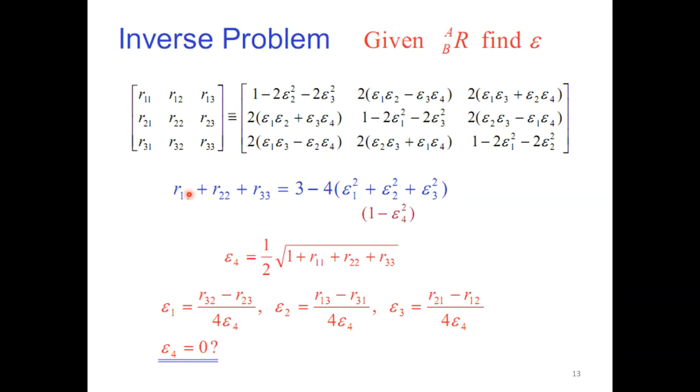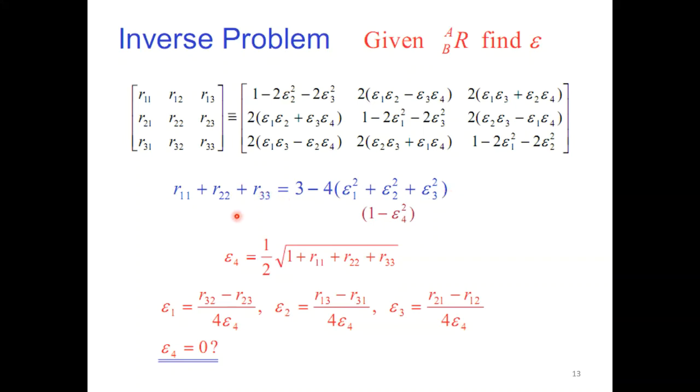For example, if you add R11, R22, R33, the diagonal actually, right? The diagonal like this, it will be like 3 minus 4 times epsilon 1 square, 2 square, 3 square.